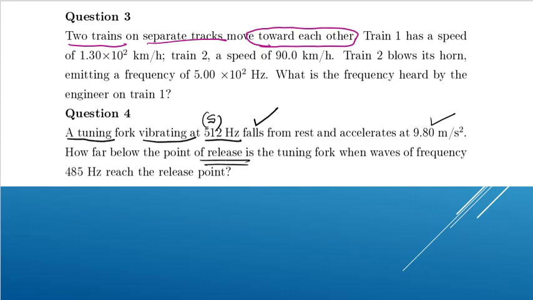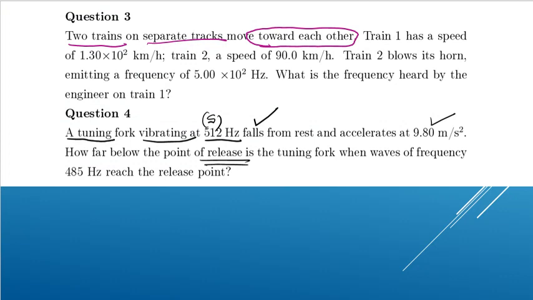All right. Let's correct our data. So we're going to imagine that the frequency of the source is 512 Hz. So I'll say my data here. Let me get my chalk.